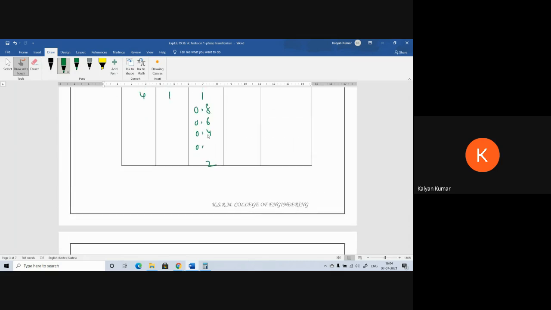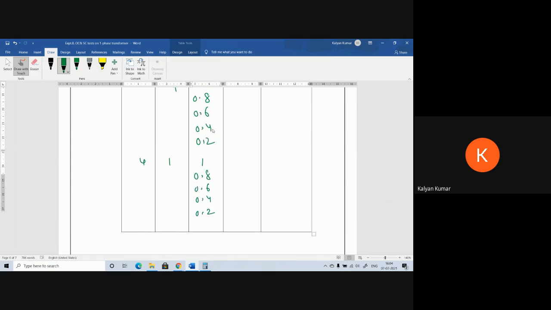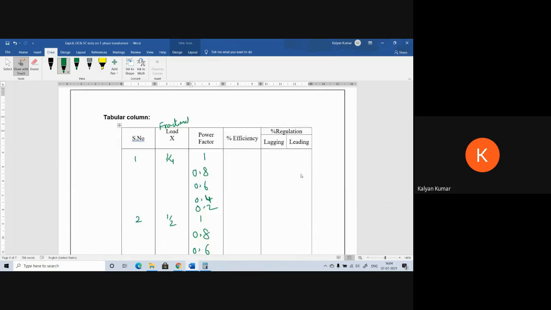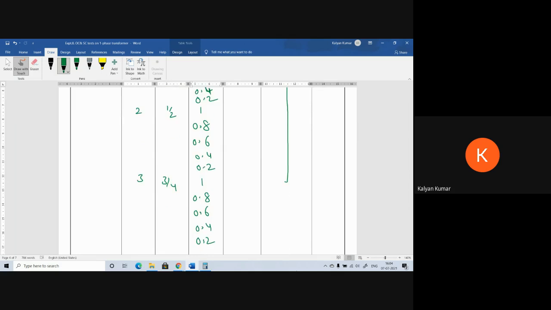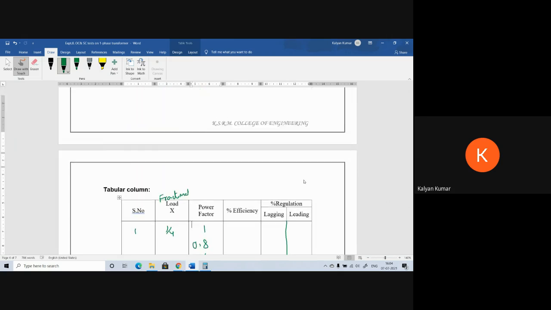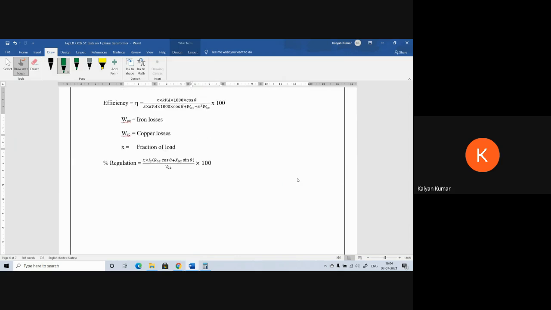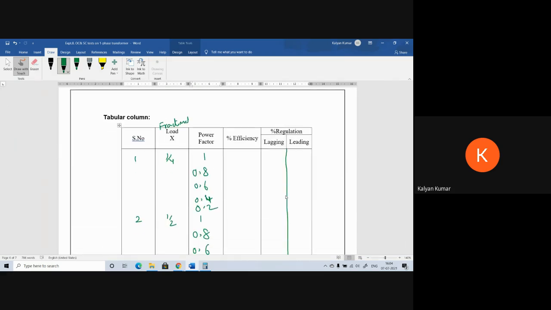Now we need to calculate the percentage efficiency and percentage regulation for these operating power factors. At these load conditions with these power factors, we need to find the percentage efficiency and percentage regulation. I will do sample calculations for certain loads.